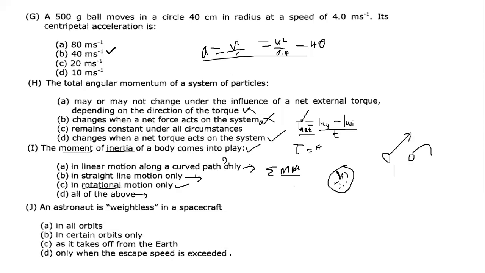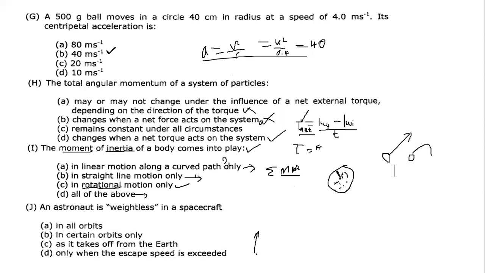Actually, when you exceed that escape speed, if you go to higher speeds, do you know what will happen? At the moment when you are accelerating, trying to reach this escape speed, you will feel as if 100 people are sitting on top of you. So you won't feel weightless. You will feel so heavy.